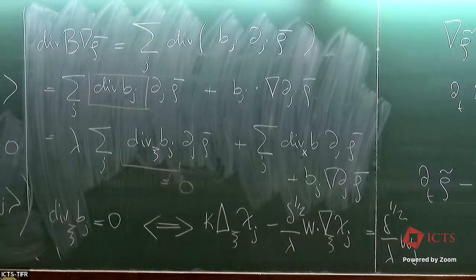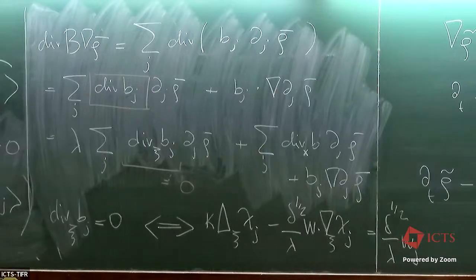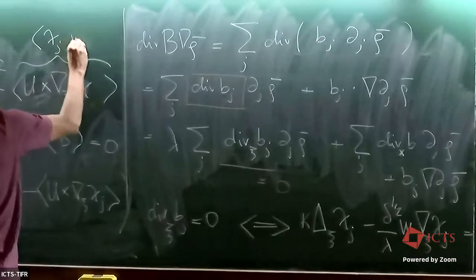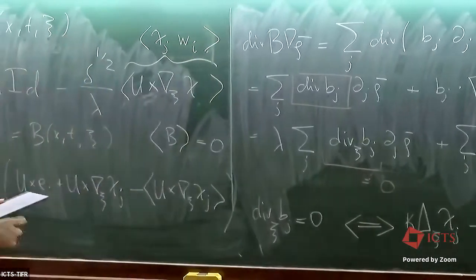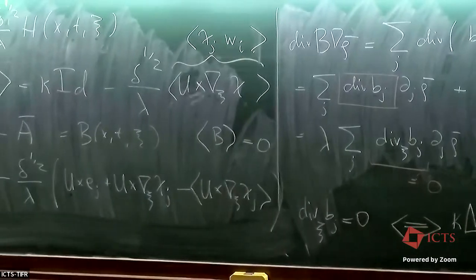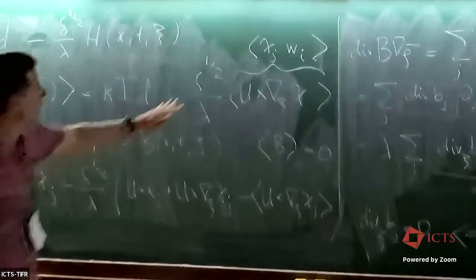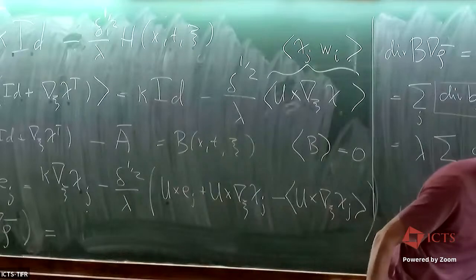You can integrate by parts, and then get basically like the curl of u, which is w. So this is the same thing as what we had yesterday. I mean, it's a matrix with these entries, where again, it's average in psi. So now we are really back to where we were yesterday.